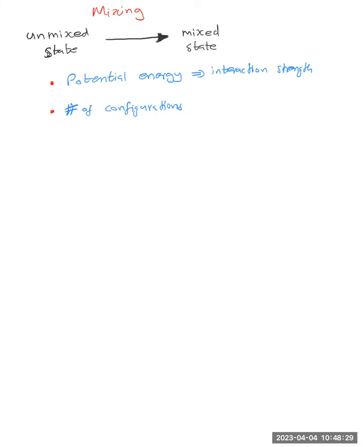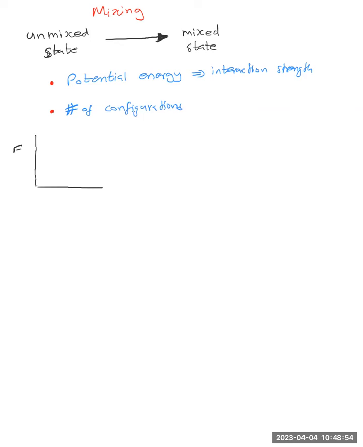These will determine whether two things mix or not. So now let's look at the different possibilities. We use PEC diagrams to depict the possibilities here.